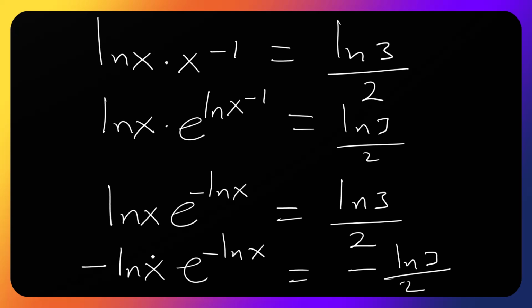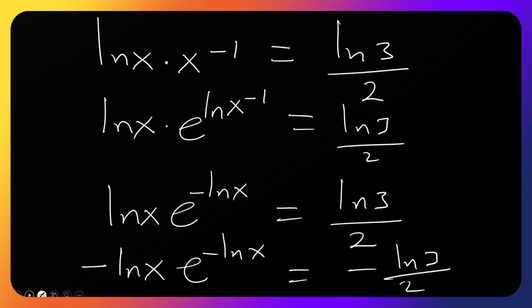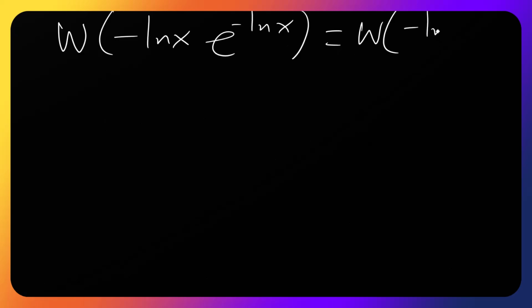Alright, so with this we can take the W function. So we have W function times e, that equals W function of minus ln of 3 on 2.